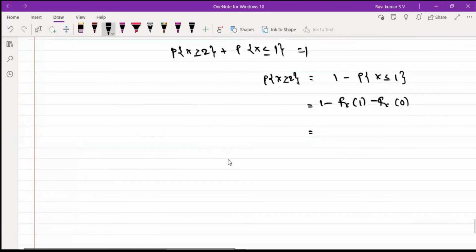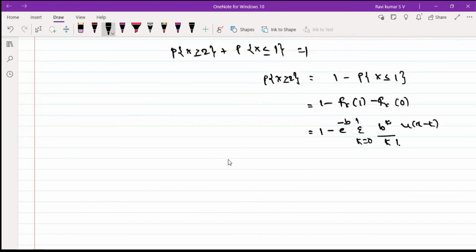For this, you can simply write e to the power minus b, sigma k equals 0 to 1, b to the power of k divided by k factorial, u of x minus k.